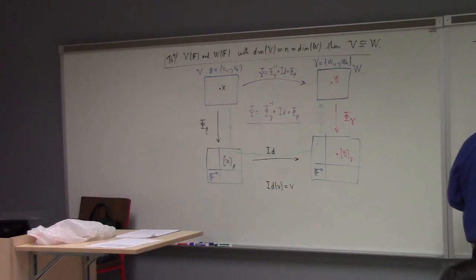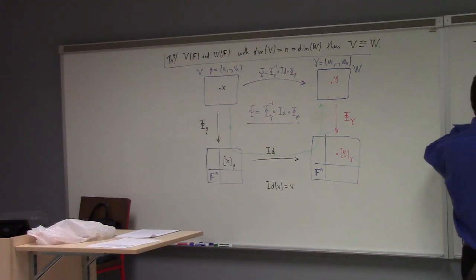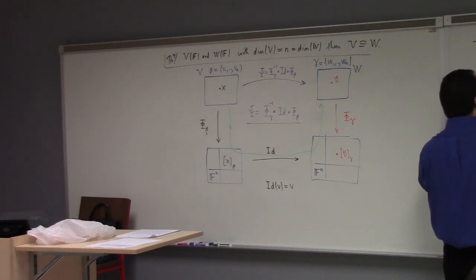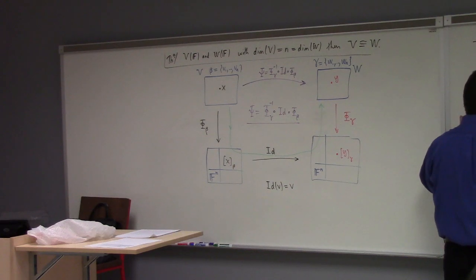I need more notation. I'll put the rest of it underneath this equation. T beta gamma.